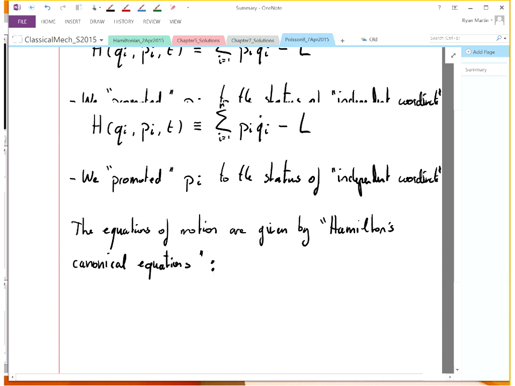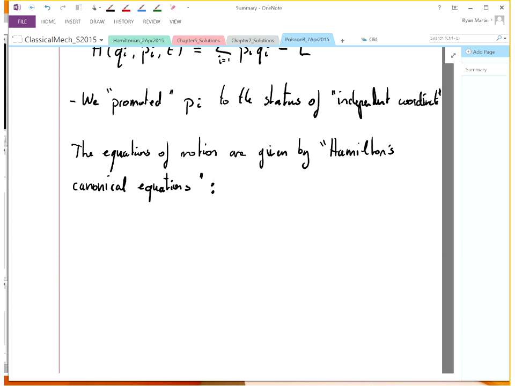So Hamilton's canonical equations are the equations that tell us how q and p change with time. And so the canonical equations are particularly simple in the Hamiltonian formalism.